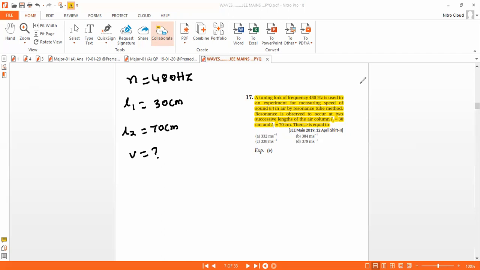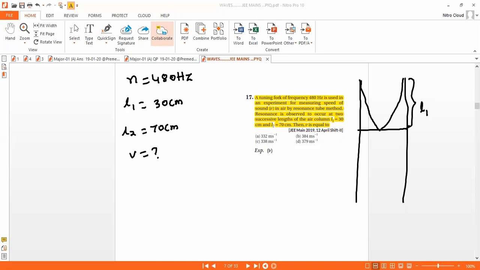Suppose let us consider here, in the resonant air column, what happens. At this distance of L1, I got the resonance.